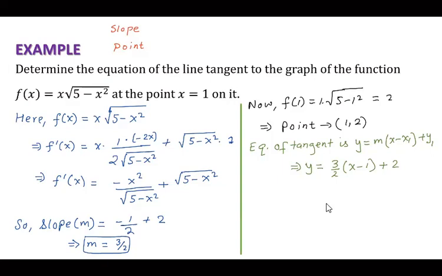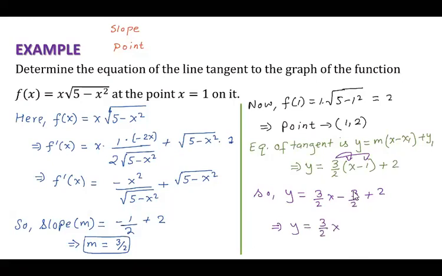So next step is to simplify this. So y is equal to, if I distribute that, it will be 3/2 x. And then if I distribute there, minus 3/2 plus 2. That is, y is equal to 3/2 x.